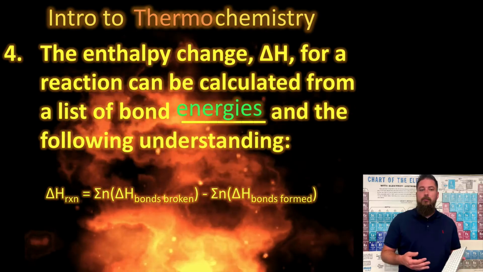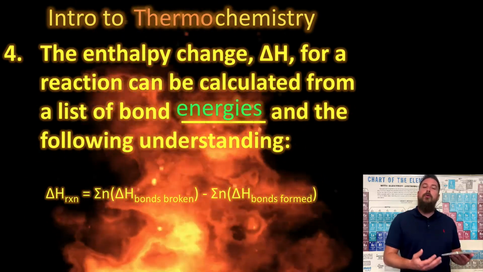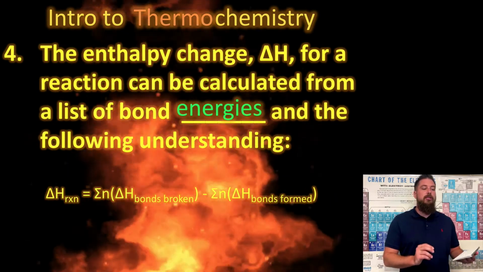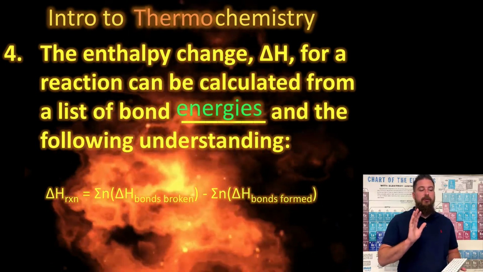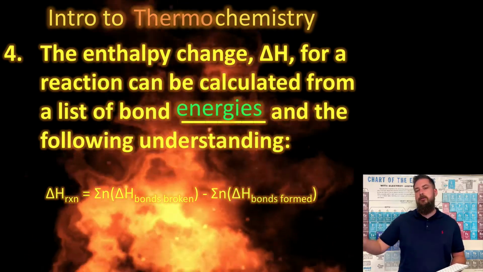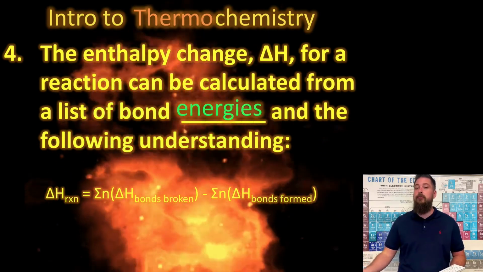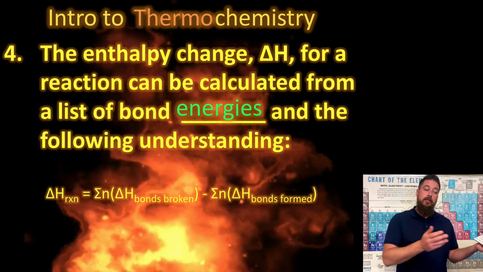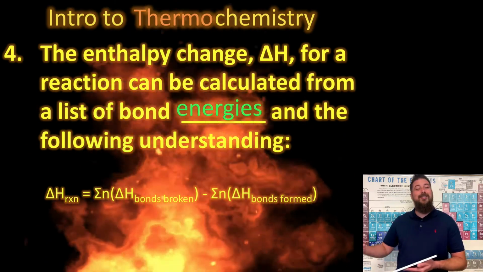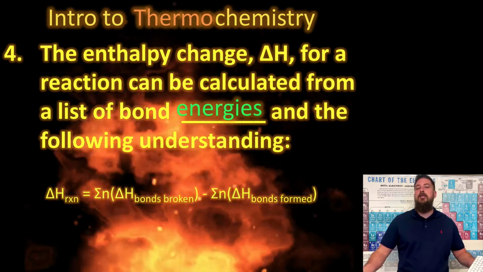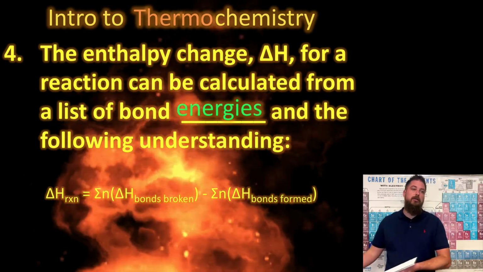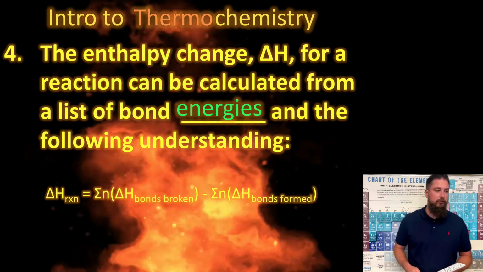However, the thing you really need to understand is that if something is exothermic, that means the energy given off when bonds are formed is greater than the energy it takes to break the bonds. And if a chemical reaction is endothermic, that means the energy it takes to break the bonds is greater than the energy given off from the formation of bonds.